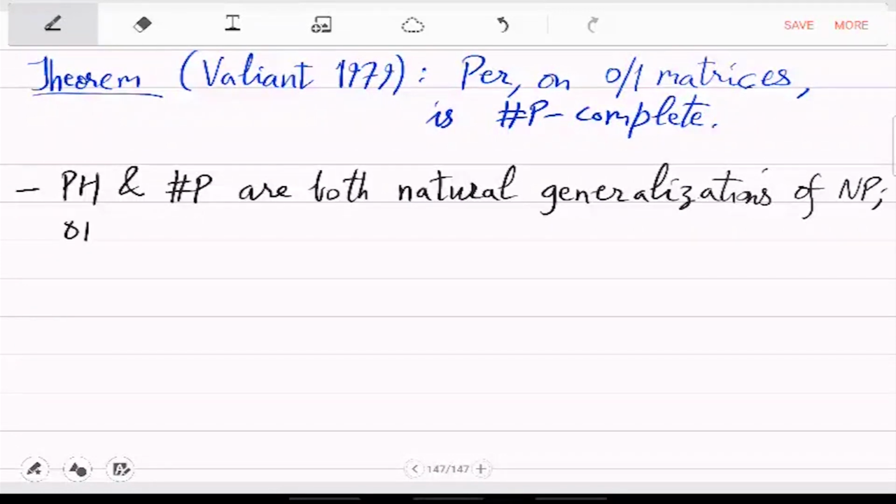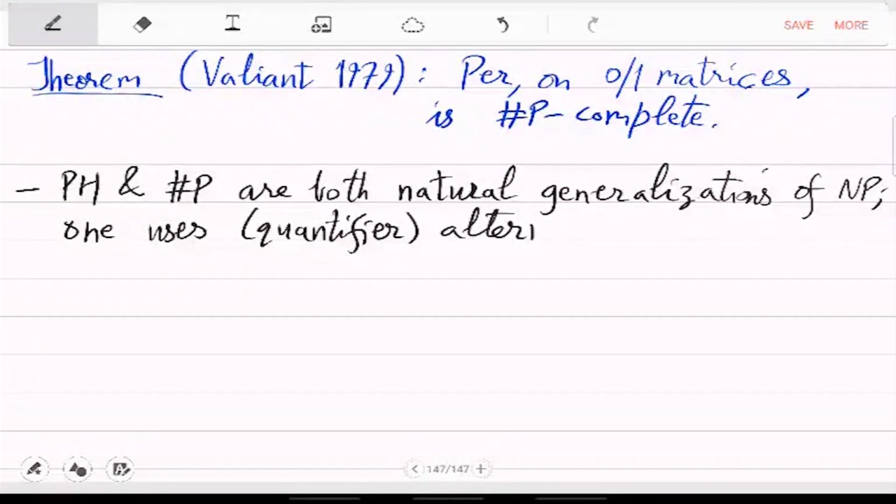PH uses alternations. And the second one, Sharp-P, this uses counting.